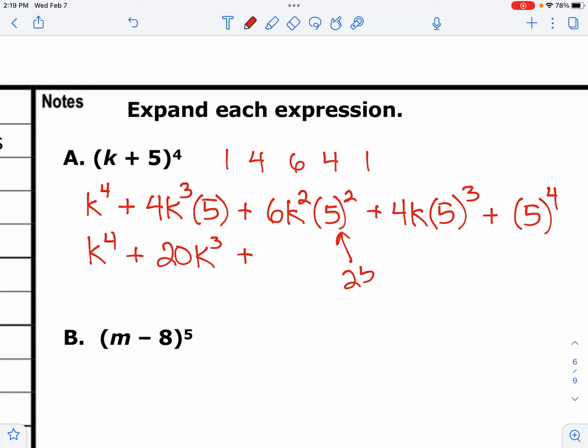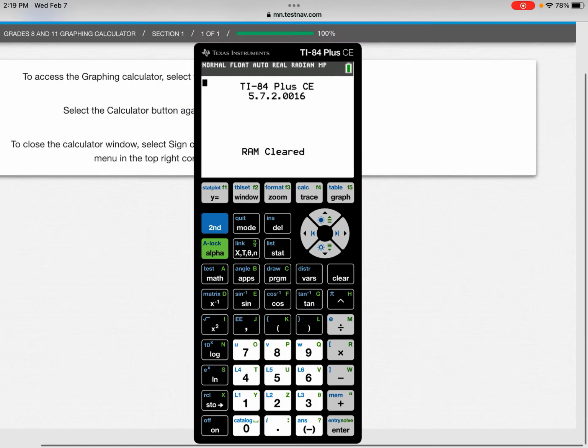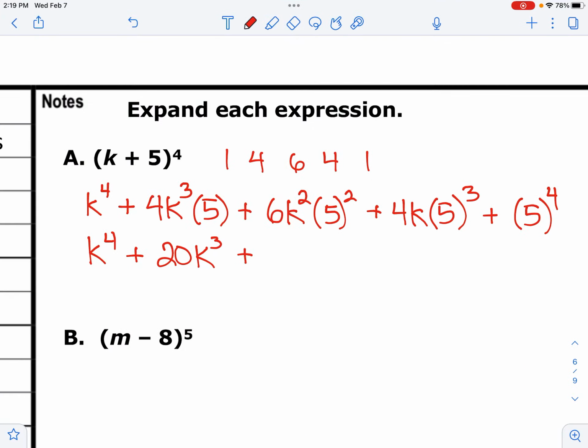So I'm going to take my calculator and go 25 times 6, right? Or do that in your head. You get 150. So on here, I'm going to write 150k squared. Remember, do that exponent first before you multiply by 6.